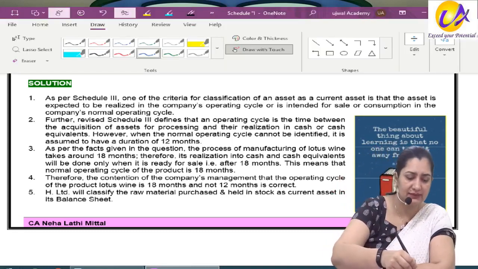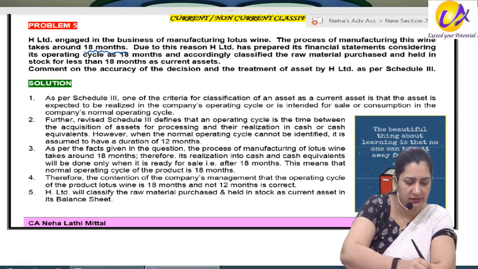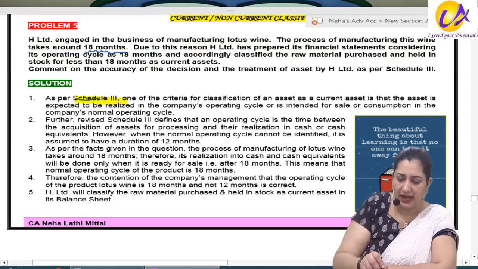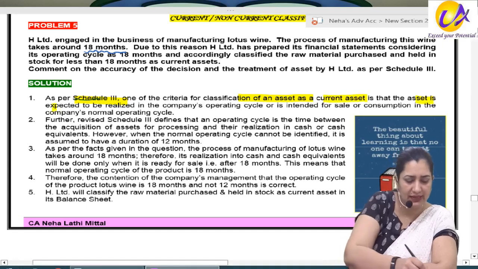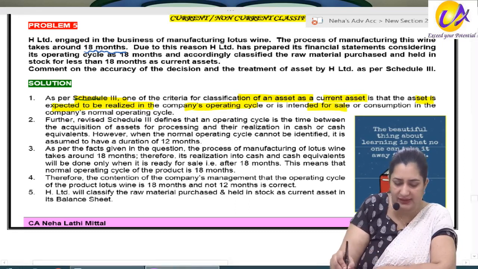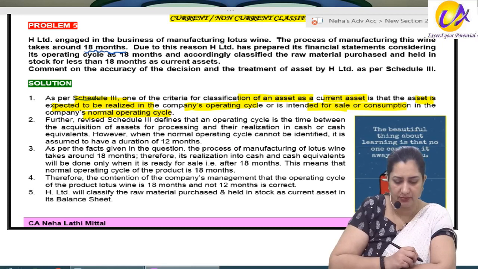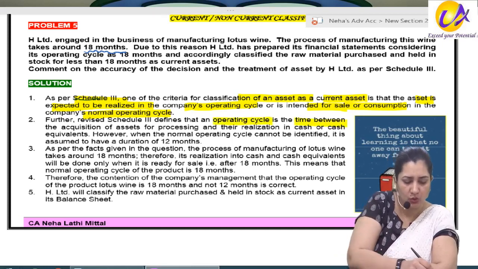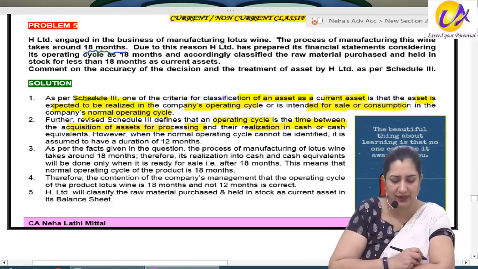So how will we answer this? We will answer as per Schedule 3. What does Schedule 3 say? As per Schedule 3, an asset is a current asset if it is expected to be realized in the normal operating cycle, or intended for sale or consumption in the normal operating cycle. Also, what is an operating cycle? It is the time between acquiring an asset for processing and realizing it in cash or cash equivalents.